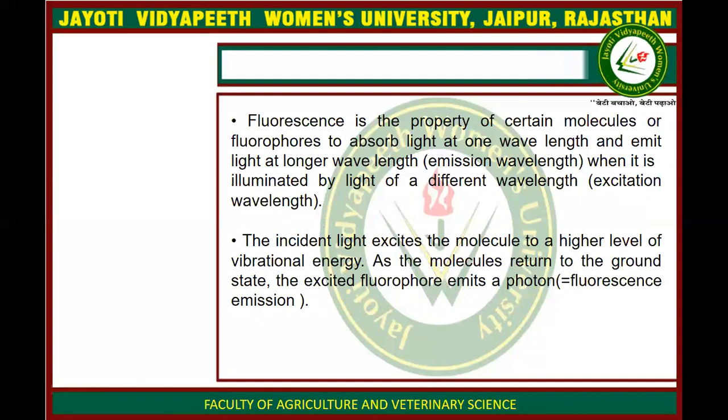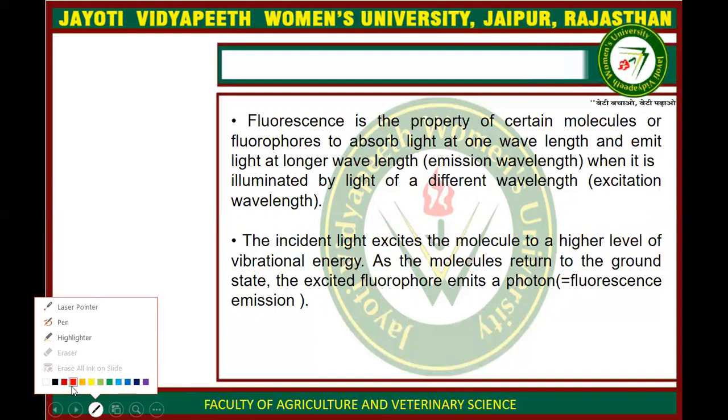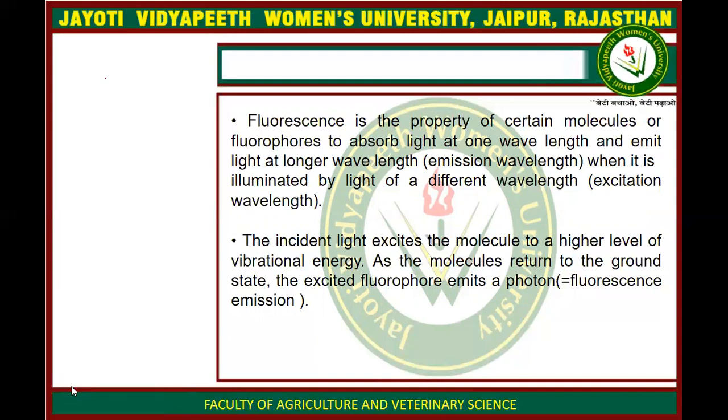Fluorescence is the property of certain molecules, fluorophores, to absorb light of one wavelength and emit light of longer wavelengths. We can understand this diagrammatically. We know very well from chemistry in our 12th standard that electrons are in a particular orbit.